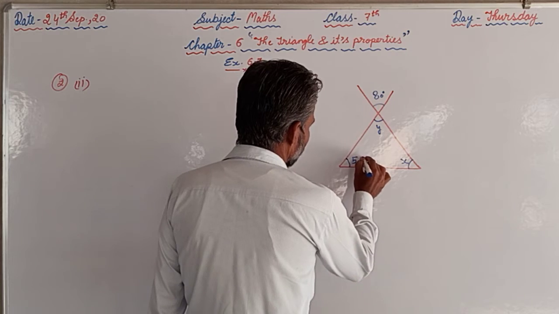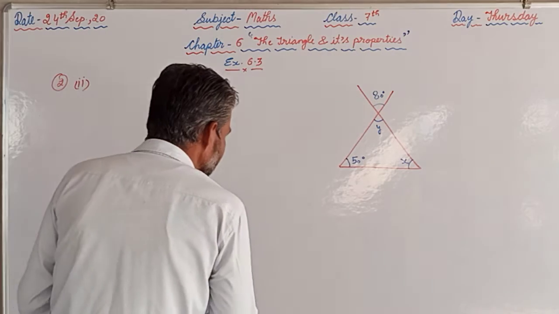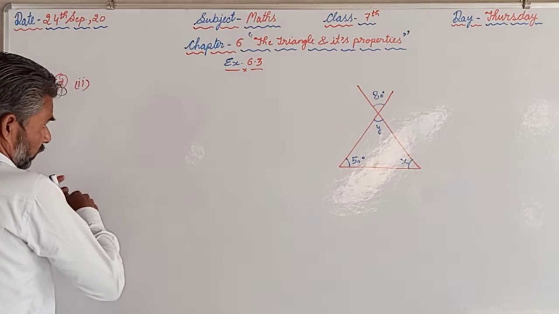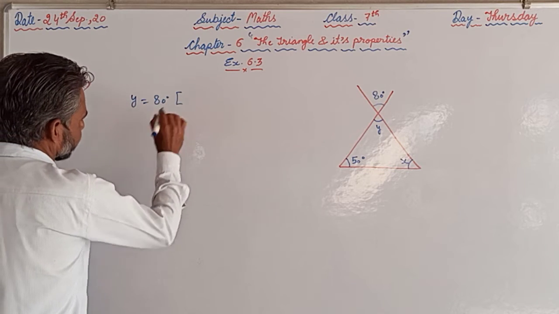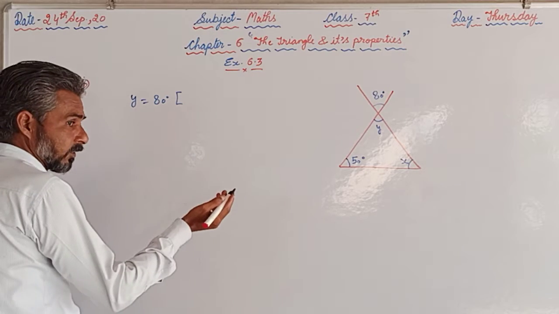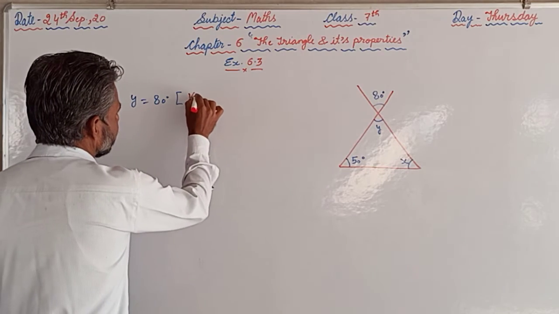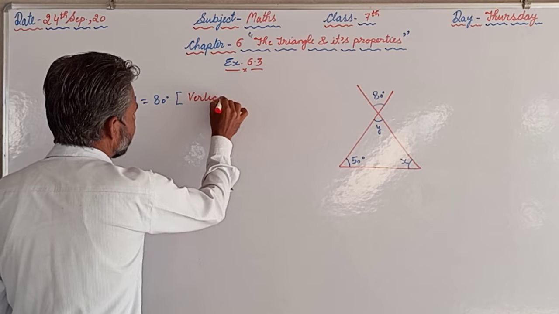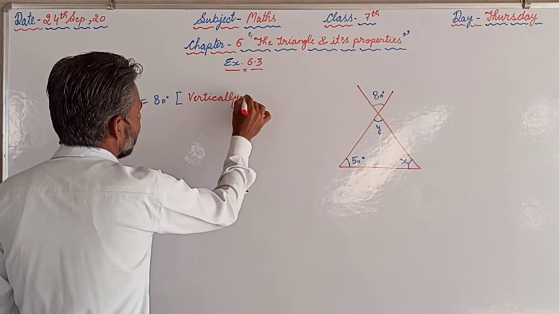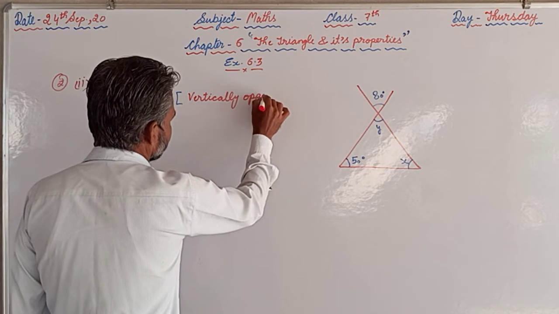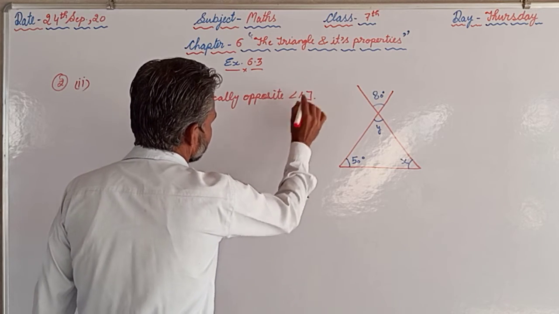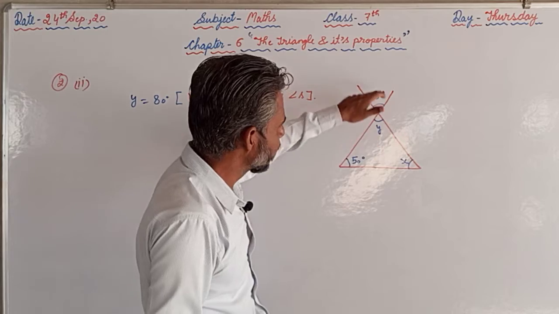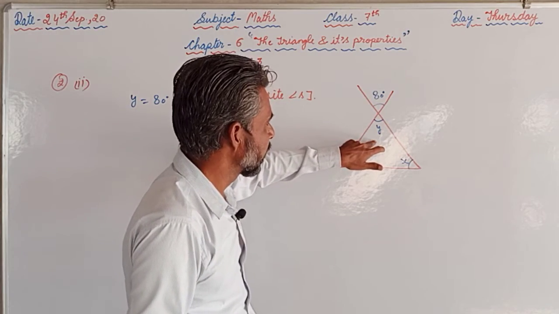So we have to find the value of y and x. So y will be equals to 80 degree. We have to write the reason for that: vertically opposite angles. These two angles are vertically opposite and angles will be equal.